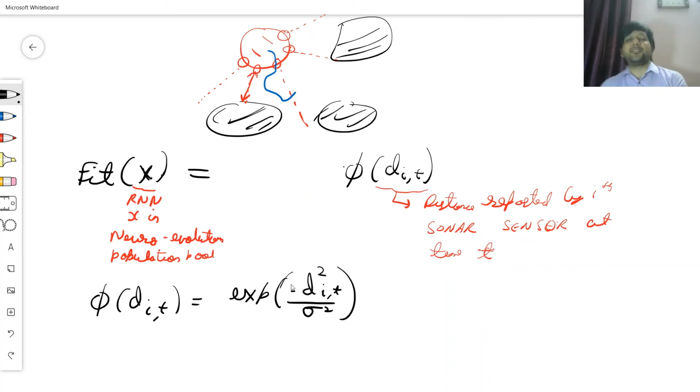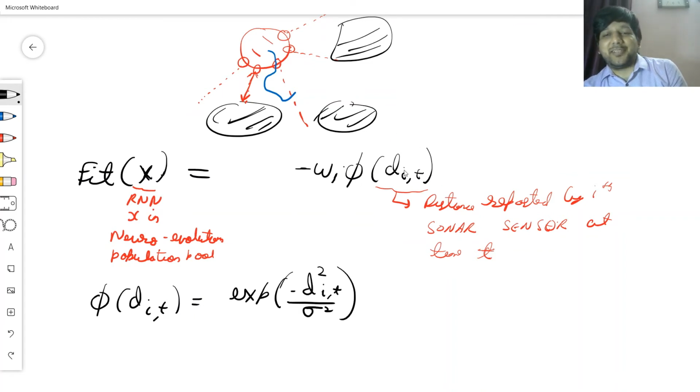I love the exponential. So when d is very large, this term will become almost 0, and when d is very small, it's about to collide, then this term will be extremely large. In fact, it will be 1. So let's apply some weight over it. Let's say W1, and I need to minimize this thing.